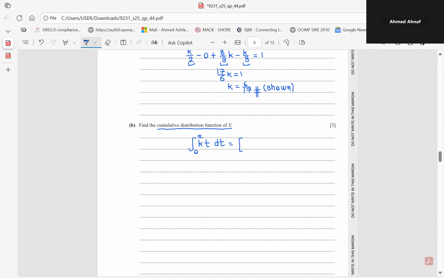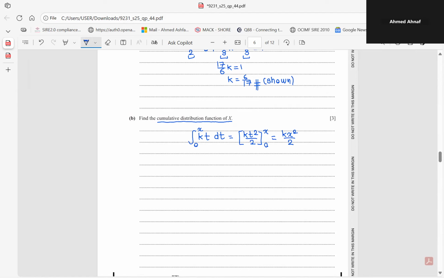So this would just be kt squared over 2 from 0 to x. So there's just kx squared over 2 minus k times 0 squared, that's 0 over 2, so minus 0. So this is the CDF from 0 to 1.